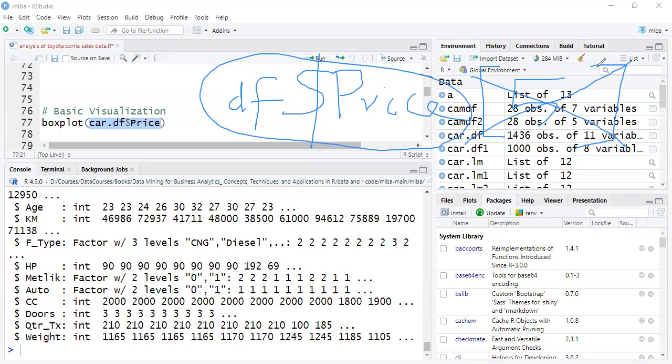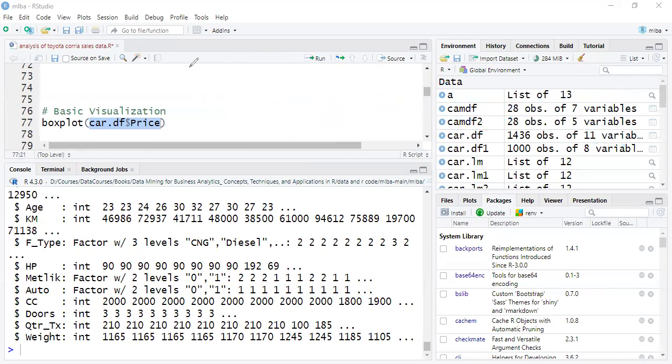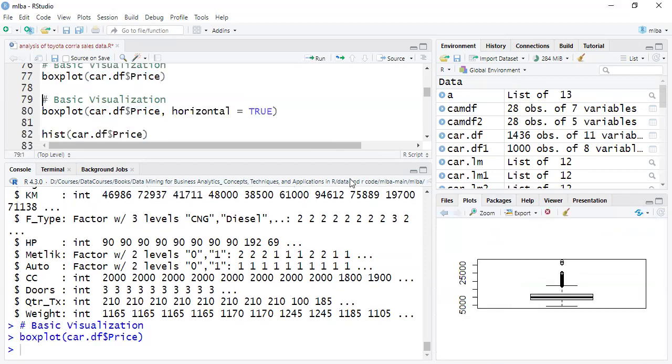If I put square brackets and mention a number, it means the price of that specific car, right? So now the next step is creating the box plot of price.